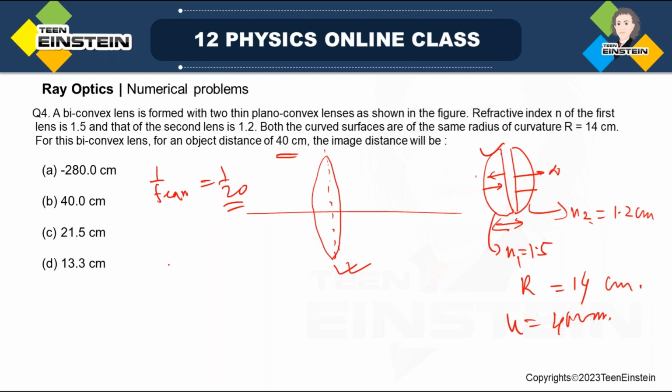This is the focal length of this particular combination. Now we have to find out: 1 over v is equal to 1 over f minus 1 over u. Focal length is obtained as positive, so 1 over 20, and this object distance will be negative, so this is 140.